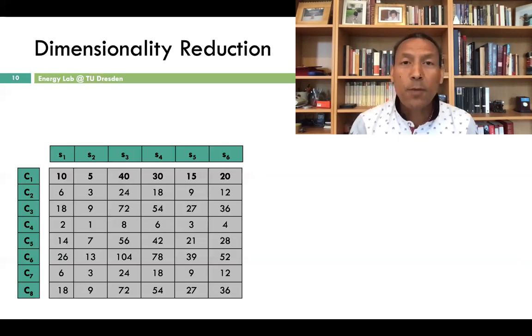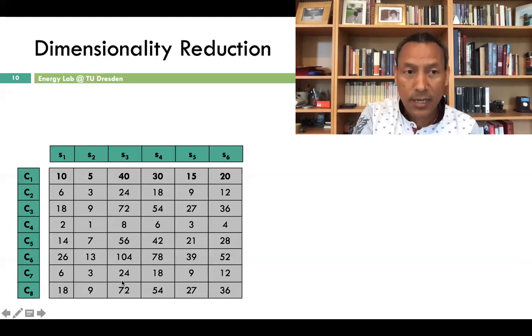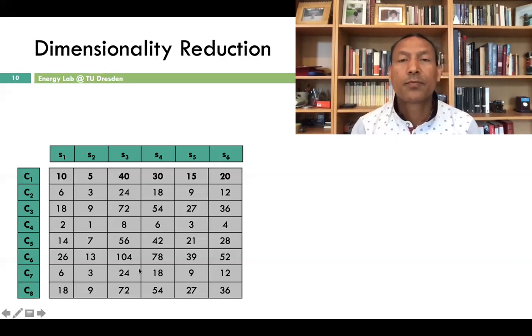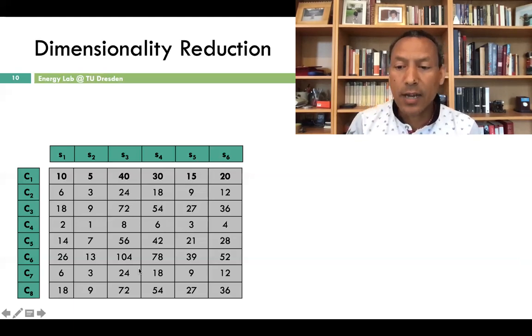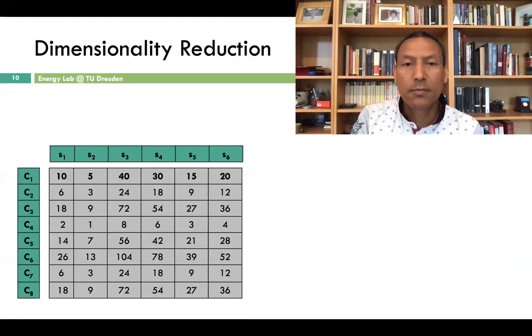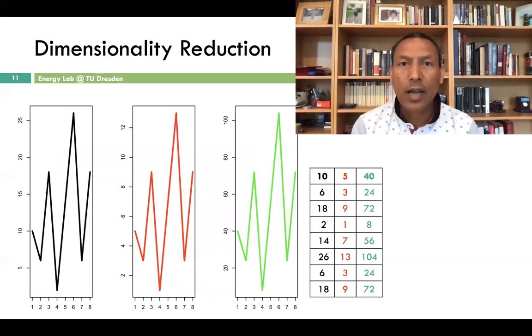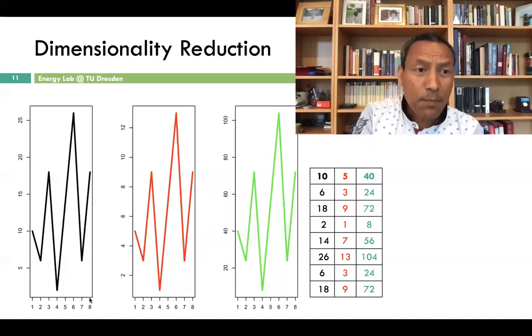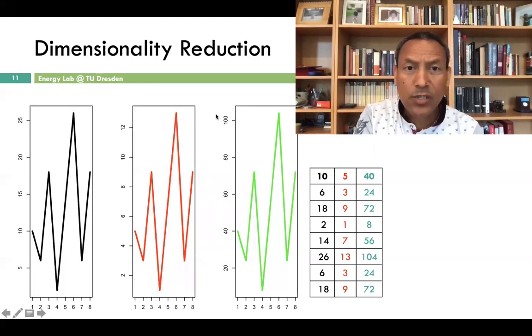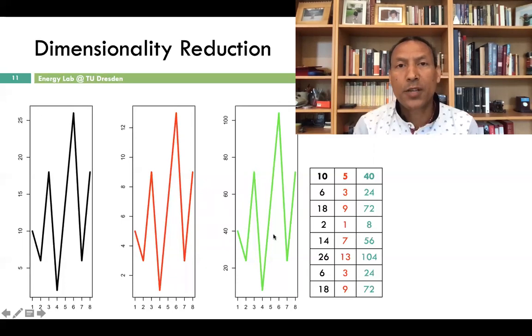So now if we plot the vertical data, what we get is this one. I have taken here 3 columns. And it so happens that the waveforms are the same. The sample values are different, as you can see, but the waveforms are the same.